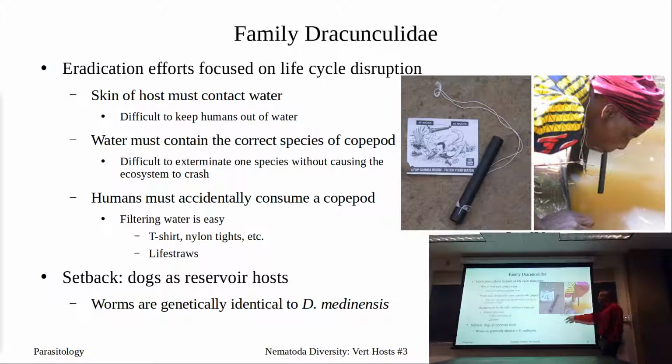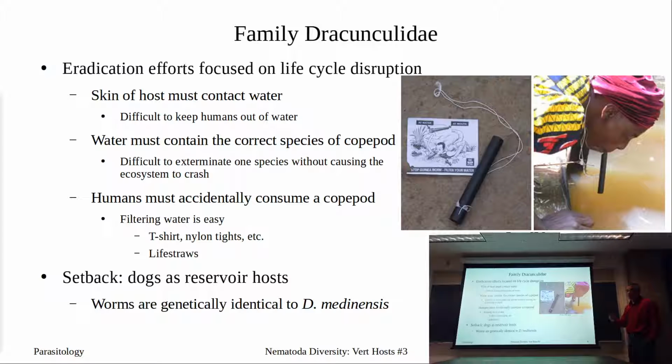All right? Water has to contain the correct species of copepod. So one thing you can think about is, well, let's just go kill off all of the invertebrates. But if you do that, you're going to do a host of other things because those copepods are serving as a food item for larger predators. And those larger predators are likely being a food source for the humans. So one, it's kind of an ethical question, should we really do it?